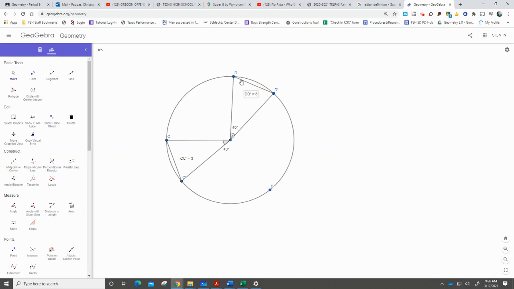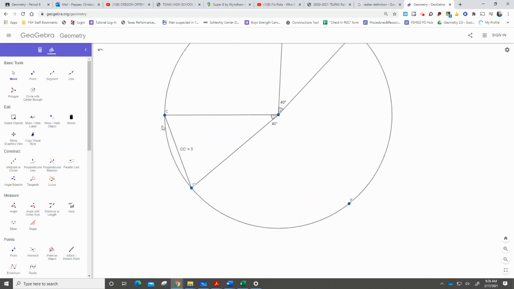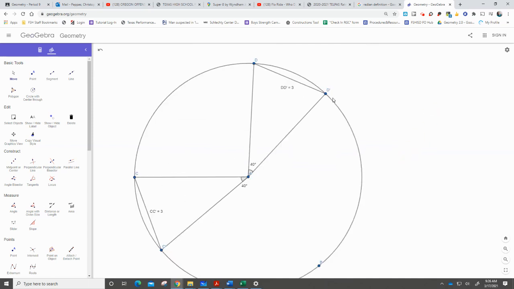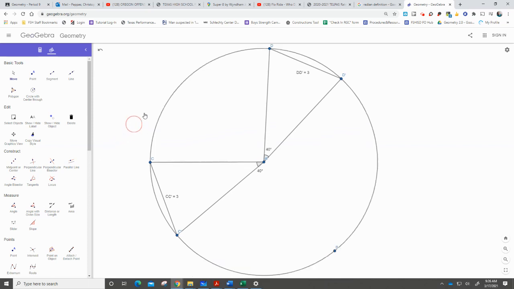So if we have congruent arcs, which C to C prime and D to D prime are, they have congruent central angles, 40 degrees, and they have congruent chords. The arc would be this rounded area from C to C prime, and from D to D prime. The chord would just be the straight line that cuts straight through from C to C prime and D to D prime.